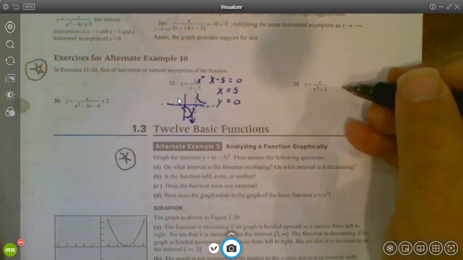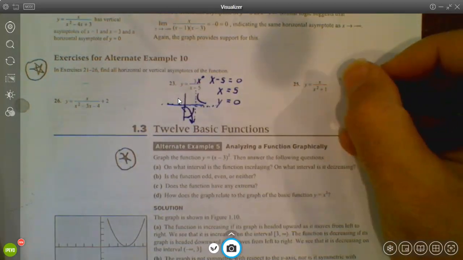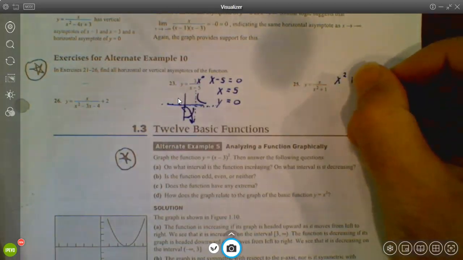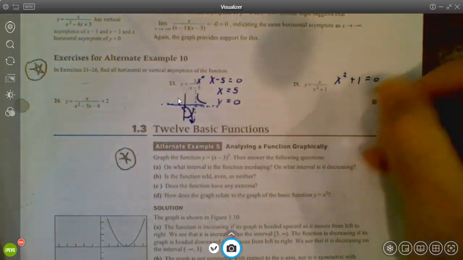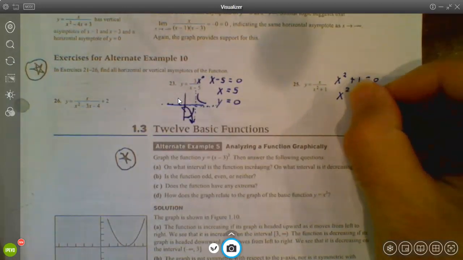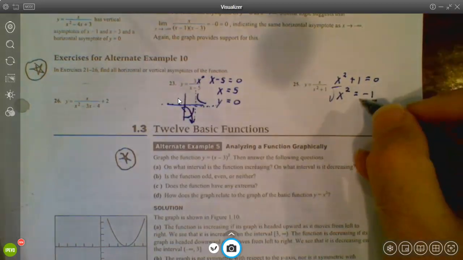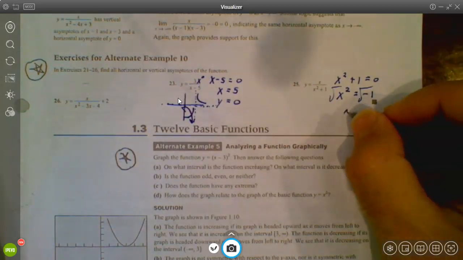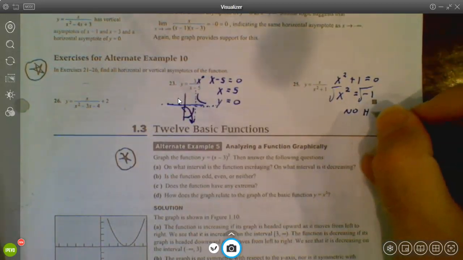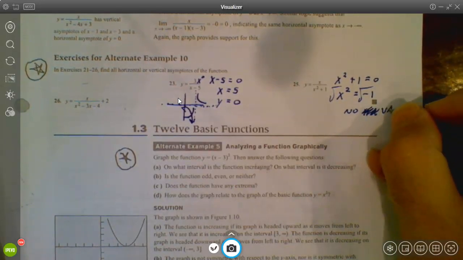Let me give you a couple more over here. So for this guy, if I set x squared plus 1 equal to 0 and solve it for my vertical asymptotes, you'll notice on this one I cannot square root a negative. So there is no vertical asymptote for that guy.